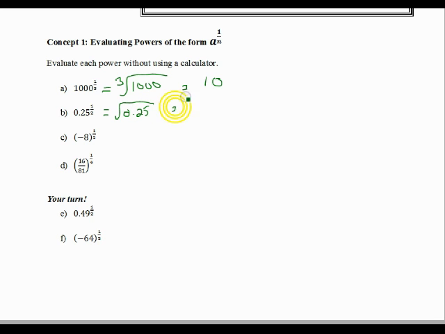Now, that 25 is on our table, so we should be looking for 5 as the square root of this. So it is actually 0.5. Negative 8 to the 1/3 is the same as the cube root of negative 8. And we should know or get from our table that the cube root of positive 8 is 2, so the cube root of negative 8 is negative 2.